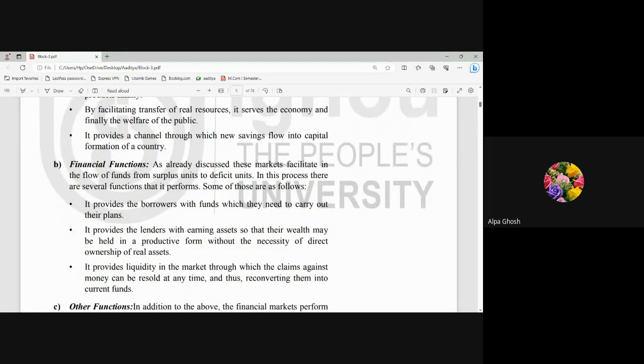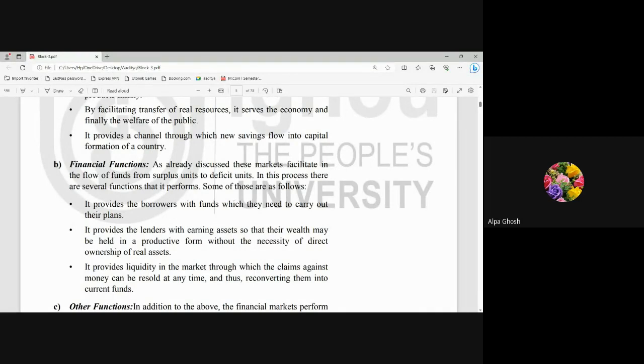So the functions that are performed are, we try to provide borrowers, that means those who require funds, with the funds. The borrowers can avail the funds, and then there will be no hindrance, no stoppage of their daily activities. It is quite possible that if they do not have proper funds with them, the production process can come to a standstill.